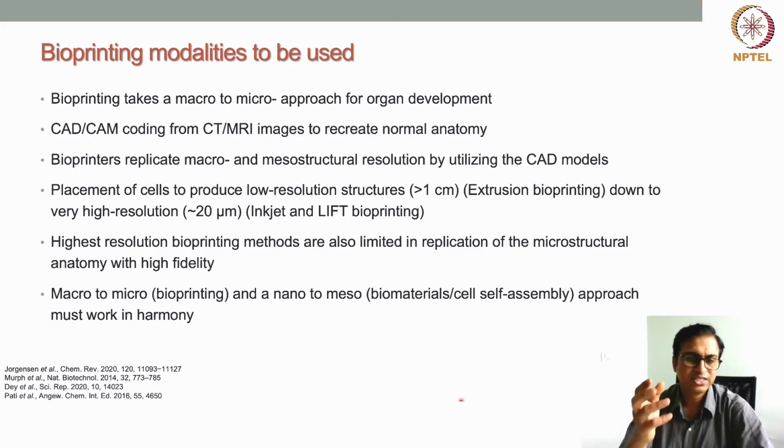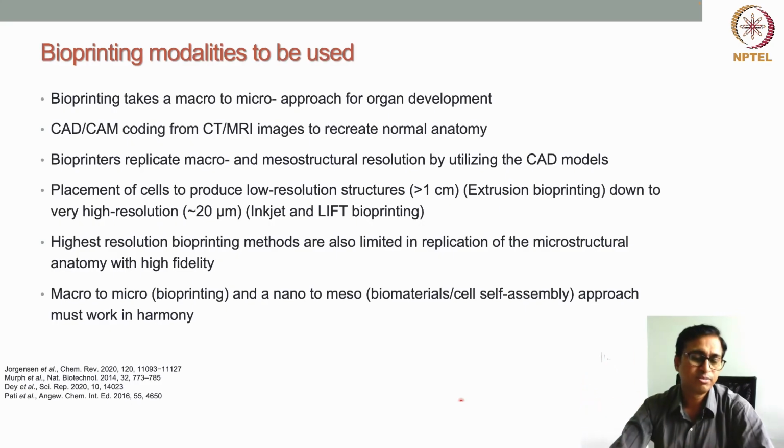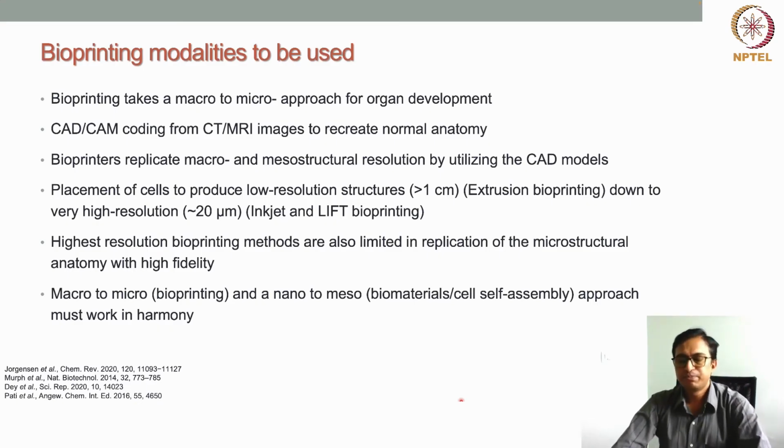That means the CT or MRI that is available in DICOM format, we can convert into STL format by using some CAD software, and then we can design that CAD model so that it can be used for 3D printing, bioprinting that particular tissue structure.